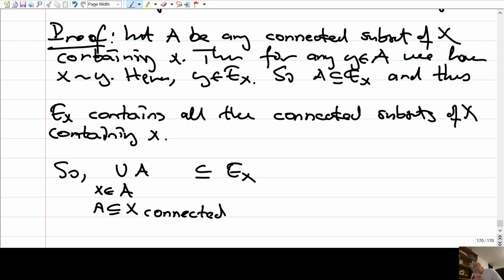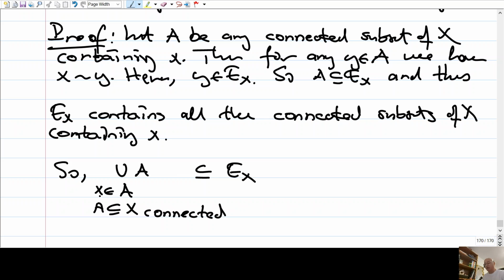But remember this, each A is connected and they have a common point, right? Therefore, the intersection of these A's is not empty.